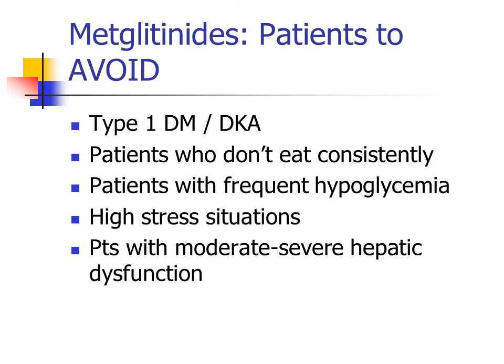And since hypoglycemia is a risk factor for these agents, patients who don't eat consistently and patients with frequent episodes of hypoglycemia probably are better served by other agents, which we'll talk about subsequently in this lecture. We should avoid these in high-stress situations for the same reasons that we mentioned for the sulfonylureas, and since these are hepatically metabolized, patients with moderate to severe hepatic dysfunction shouldn't receive these agents.